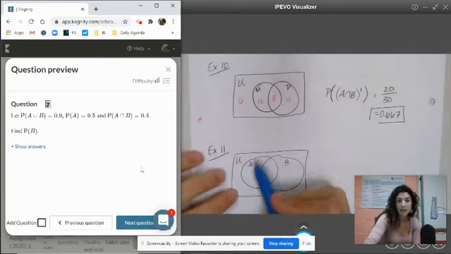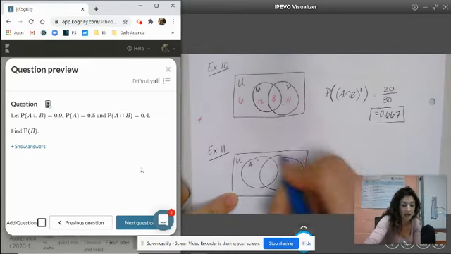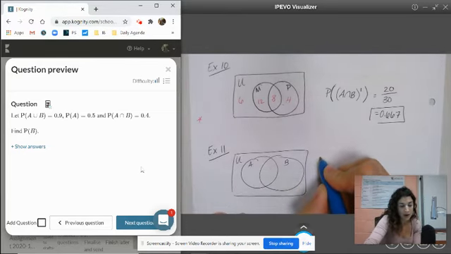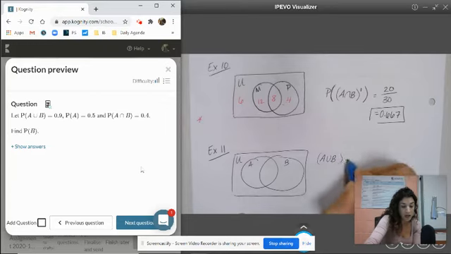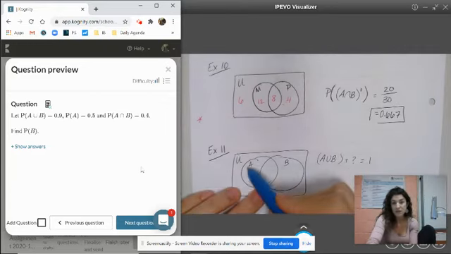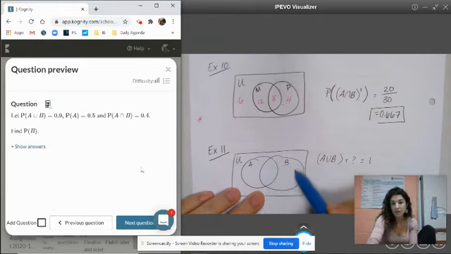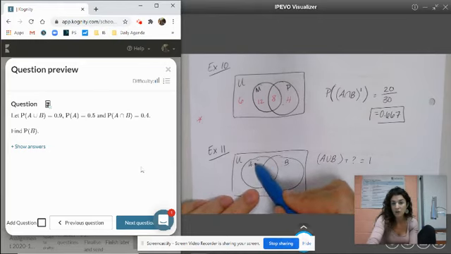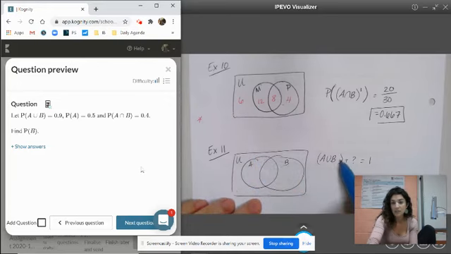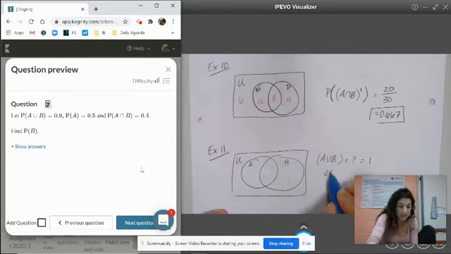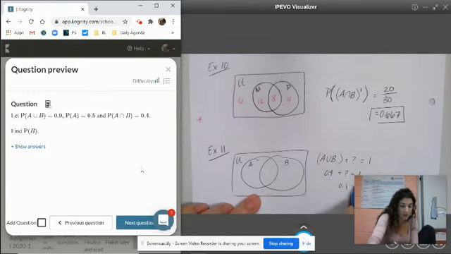So we have 0.1 that are not inside of here because I know that A union B plus something has to add to 1, because A union B is all of the things inside of all of these circles, and this whole situation must add up to 1. If this is 0.9, then everything outside of that situation must be 0.1.